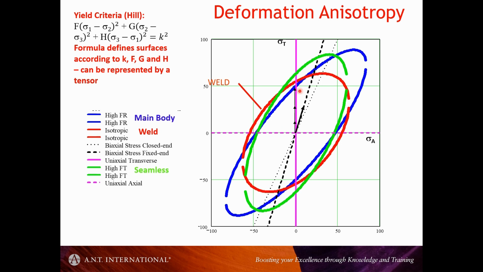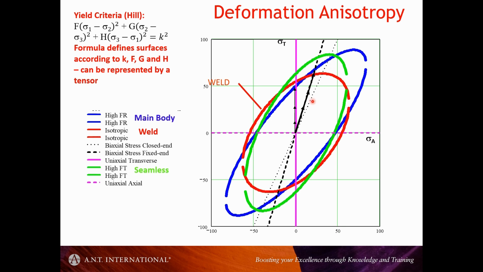Now we take a fixed end biaxial test and we increase the stress or increase the pressure. What happens? Well, we hit the weld first before we hit the main body, and it would be even worse for the seamless tube, which is highly textured, of course.